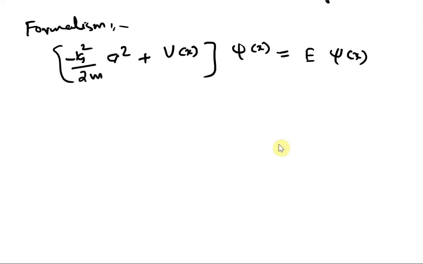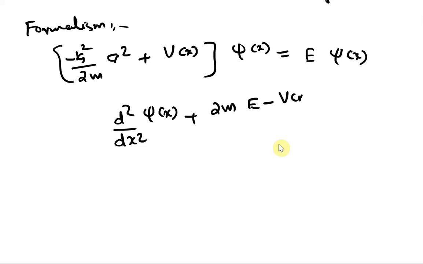I'll write it in 1D form. It's nothing but d square by dx square of psi of x plus 2m (E minus V of x) divided by h cross square times psi of x is equal to 0.